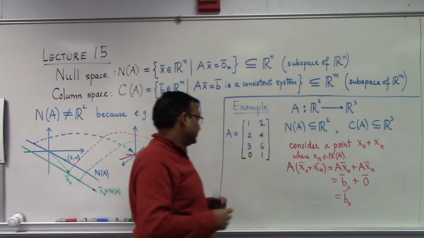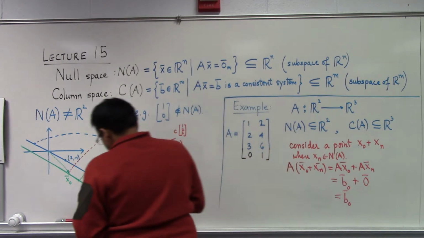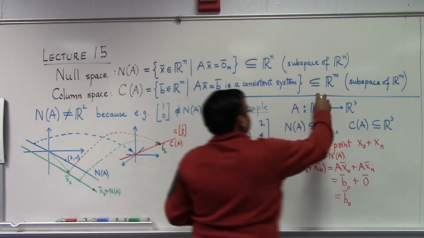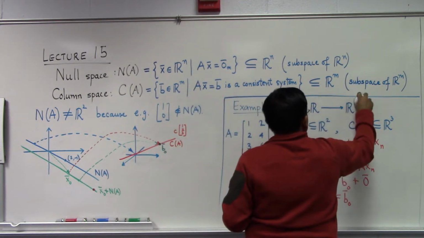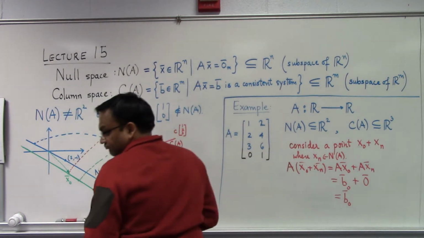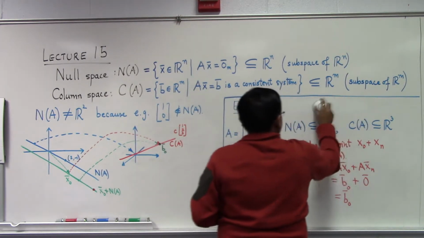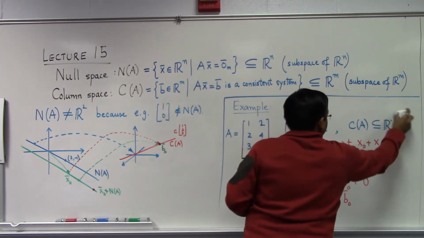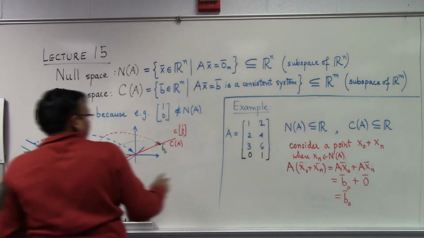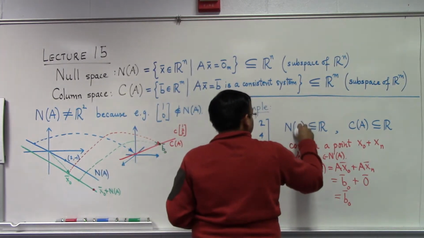So of course things have changed. What is the null space? Let me make some changes here also. So it's a new example you can say, but built upon the old example. So let me avoid confusion and let me give this matrix a new name.